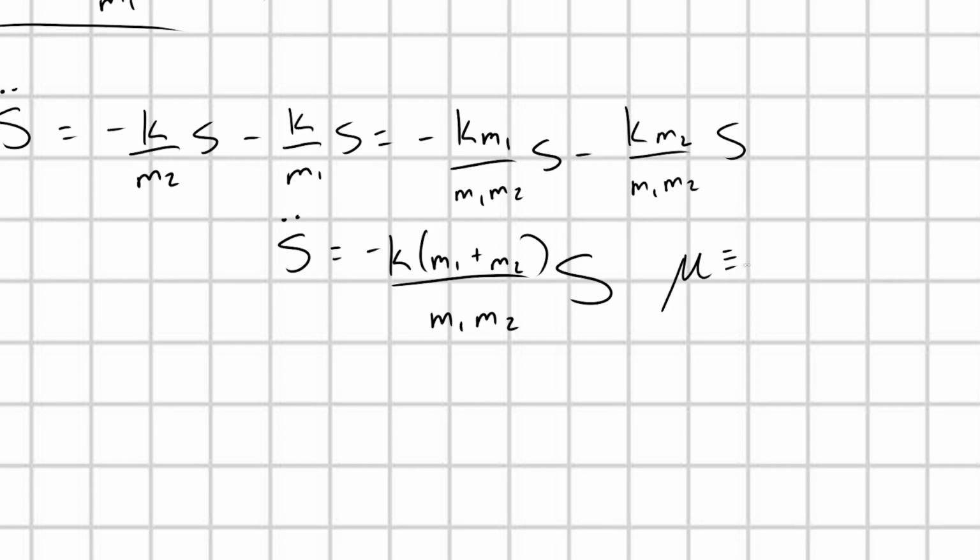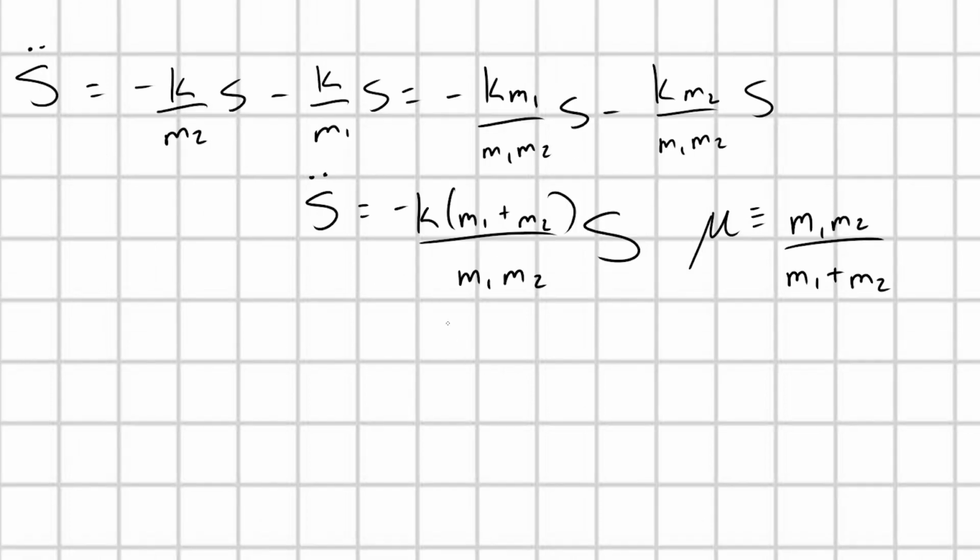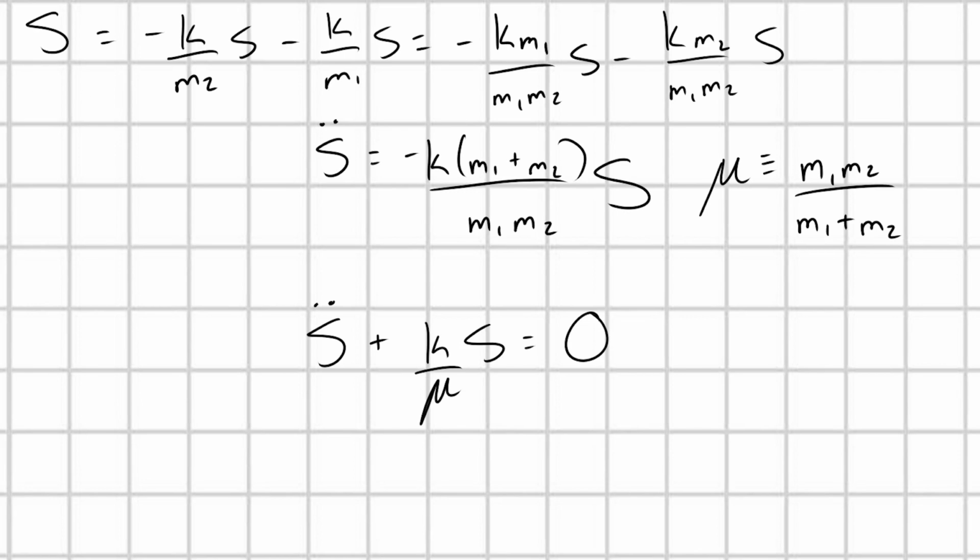Mu is defined as m1 m2 over m1 plus m2. I'm going to go ahead and rewrite this differential equation one last time. I have s double dot, let me move this to the other side, plus k over mu times s is equal to 0. Beautiful, right?